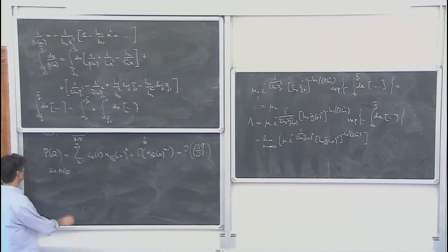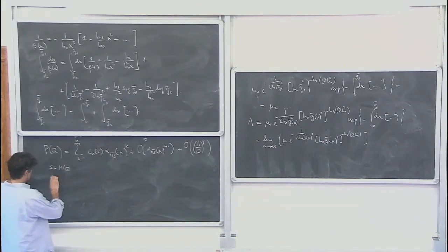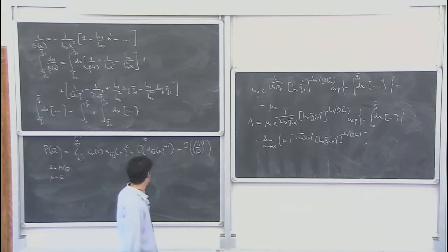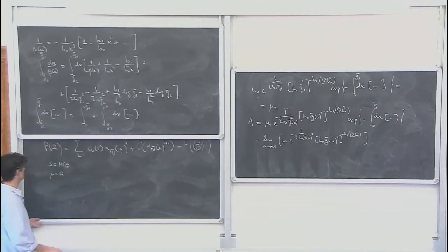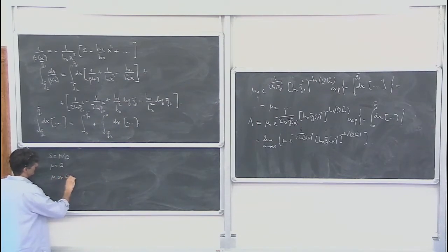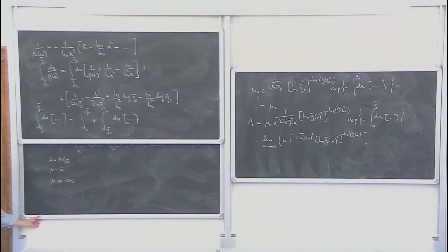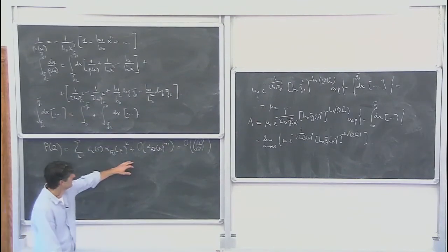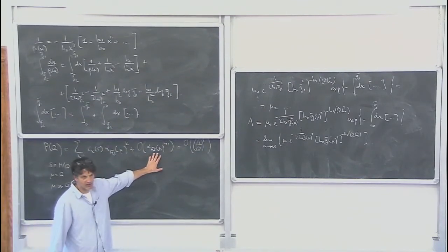You want to avoid large logs. So typically, you want to have mu of the order of Q, and then at the same time, you want to have mu large enough, much larger than, say, the mass of the proton, so that the missing higher orders are small.